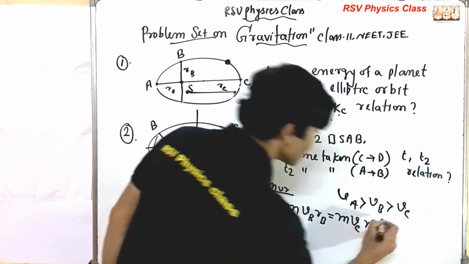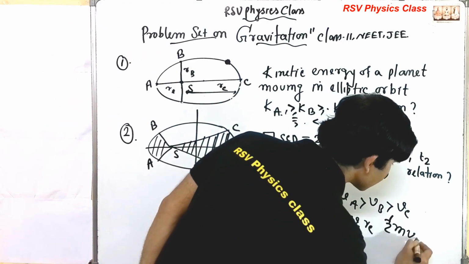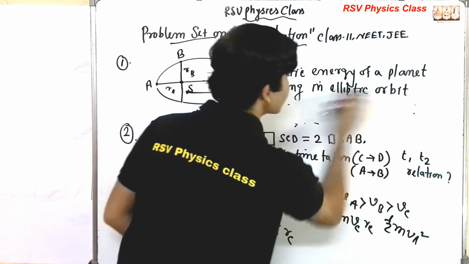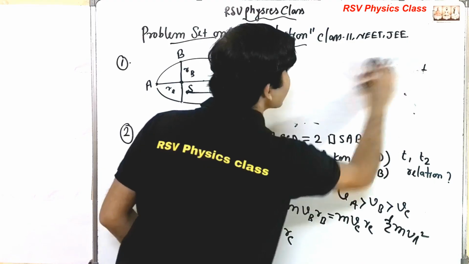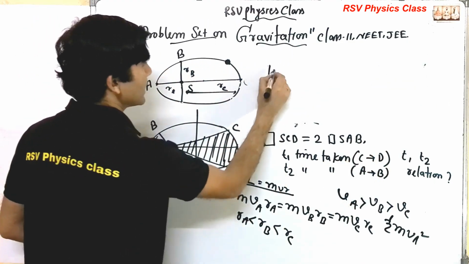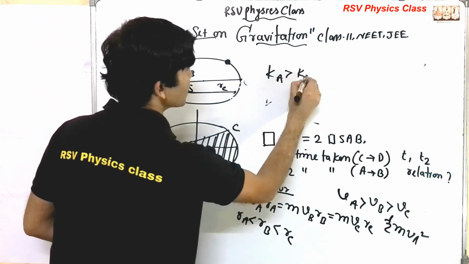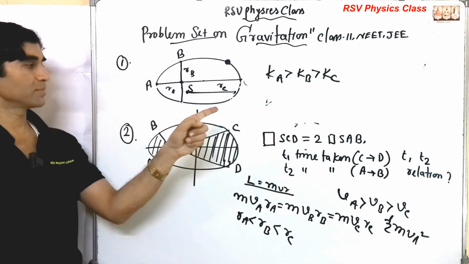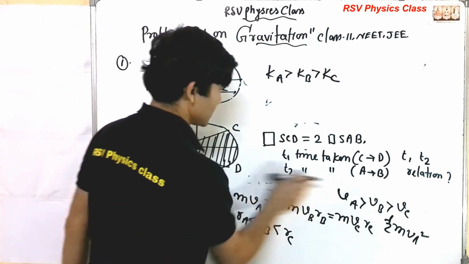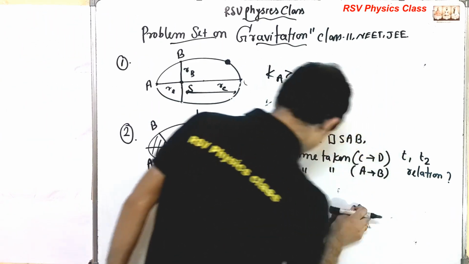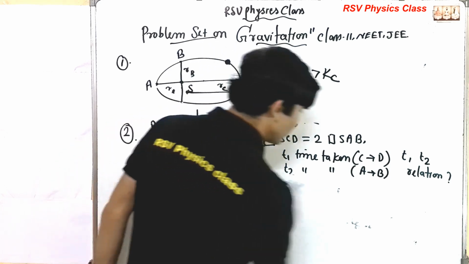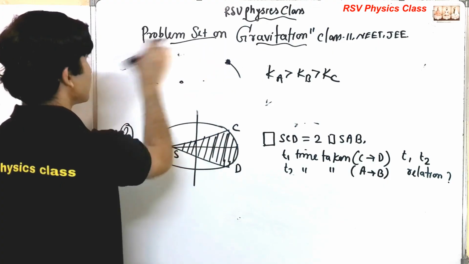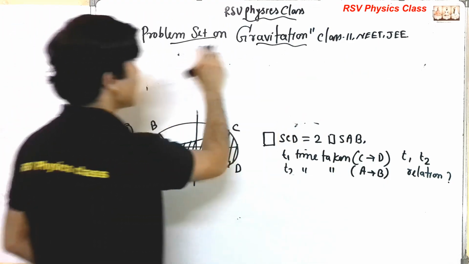Kinetic energy is just half mv squared. So you can write Ka greater than Kb greater than Kc. Now you should be able to solve these types of problems, with areal velocity constant as well as angular momentum constant. Next, I'm showing the areal velocity problem.